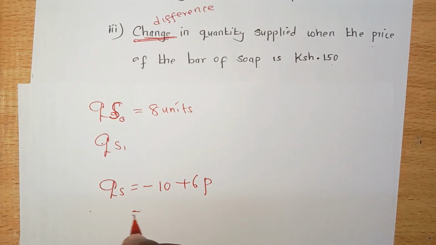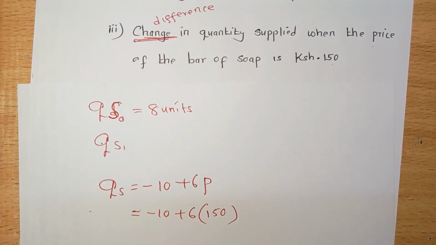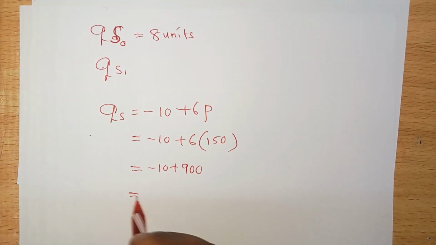So here you proceed: negative 10 plus 6 in bracket 150. If you take 150 and multiply by 6, it is supposed to give you 900. So here we have negative 10 plus 900. Negative 10 plus 900 is supposed to give you 890.